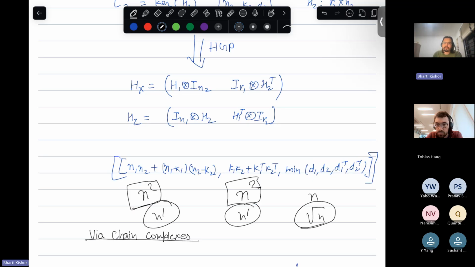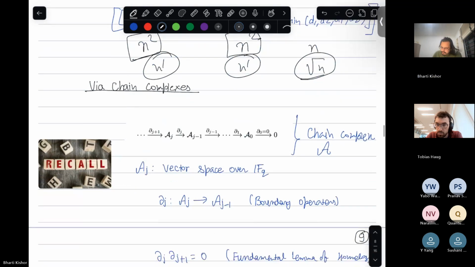So there was this square root n barrier, which was difficult to break. With the hypergraph product code, you can get a linear encoding rate, but the distance goes like square root n in this case.